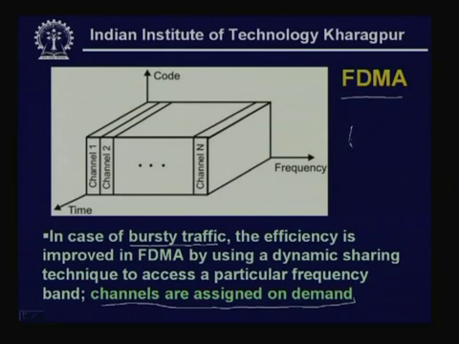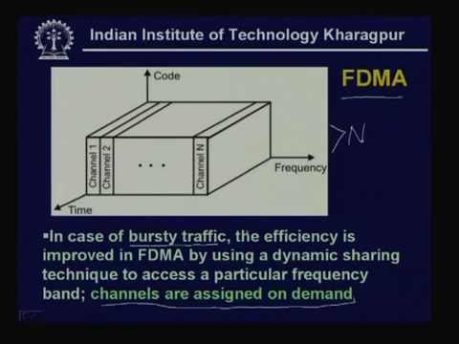So if you have got n channels, since each channel can be shared by more than one user, the total number of stations that can be provided service can be greater than n. If it is statically allocated, then the total number of stations that can use this service is equal to n.